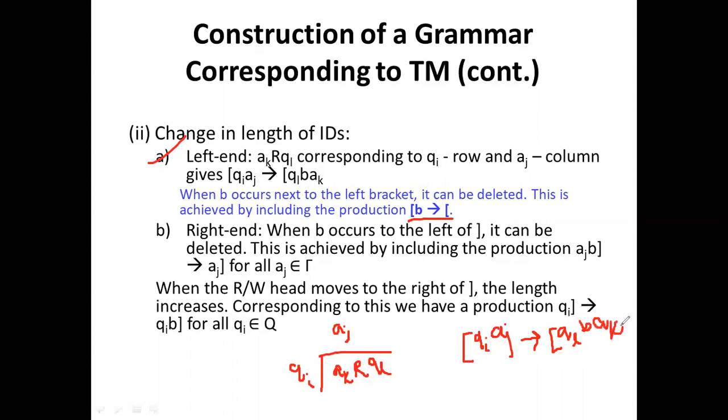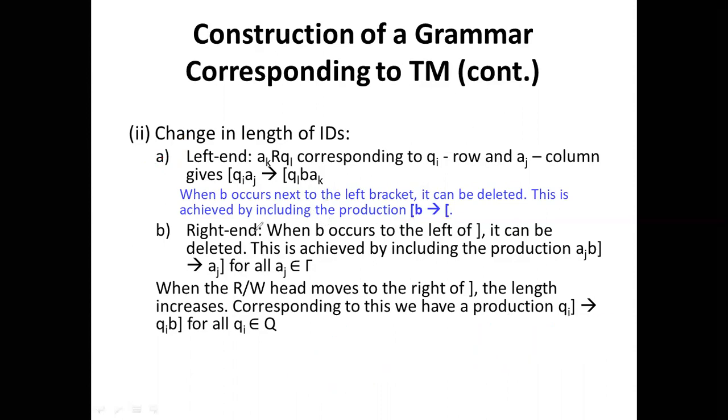In the case of the right end, when the B occurs to the left of the right bracket, it can be deleted. This is achieved by including the productions, one with the input A_j, another with the state. The production A_j B right bracket to A_j right bracket, for all A_j within the input, any symbols of the tape symbols.